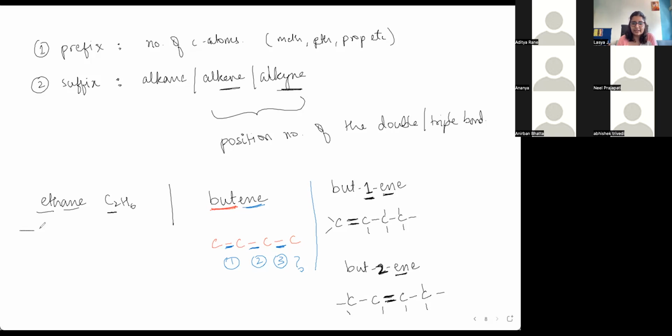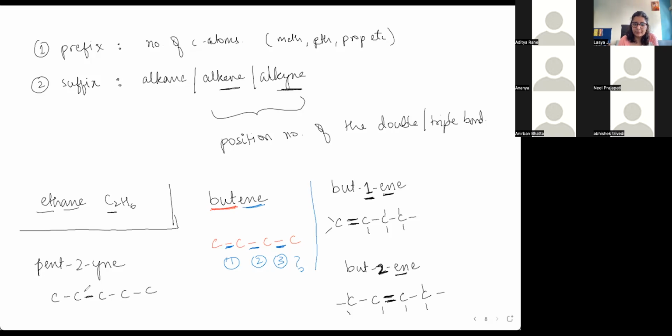So I'll take another example. Let's do it with alkynes. Suppose pent-2-yne. How would its structure be? Five carbons with the second one being a triple bond.